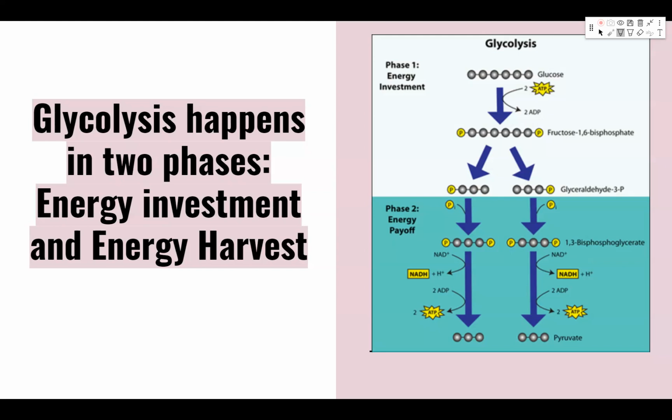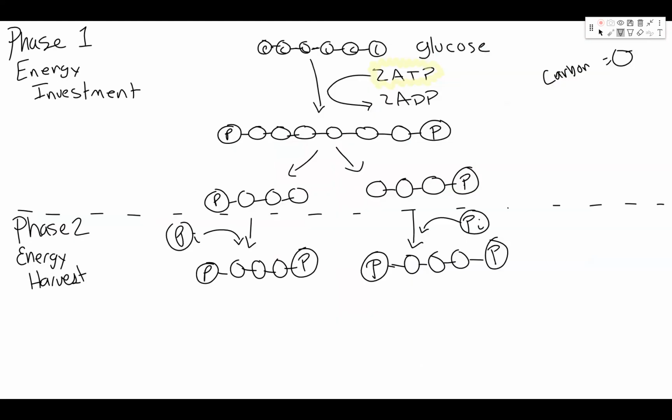And we're also going to get those phosphates off of these molecules, and we're going to get 2 ATP from 2 ADP. So NAD+ is going to go in, and we're going to get NADH out of that. Make sure you got a little arrow so we know what we're getting.